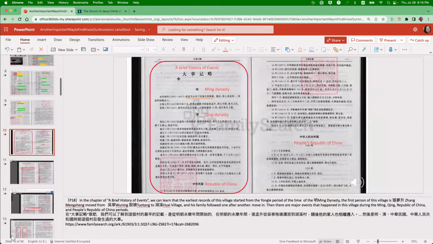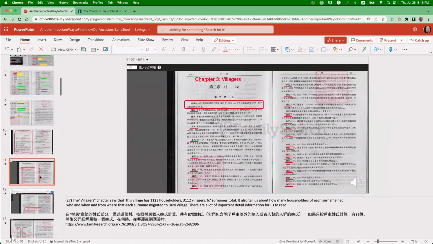That is a brief history of events starting from the Ming Dynasty. Chapter 3 is talking about the people who lived there. Did you see the underline?